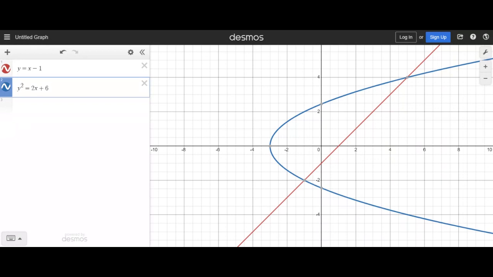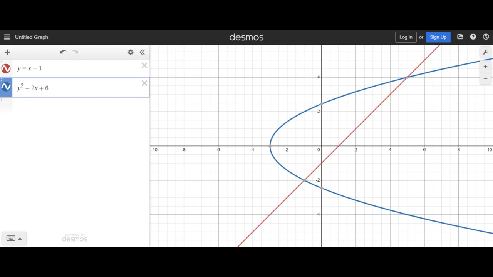Good, Logan. That's right, the intersection points. Remember, we are actually finding volumes in section 12.3, but for the region D here, we have to find the intersection points.